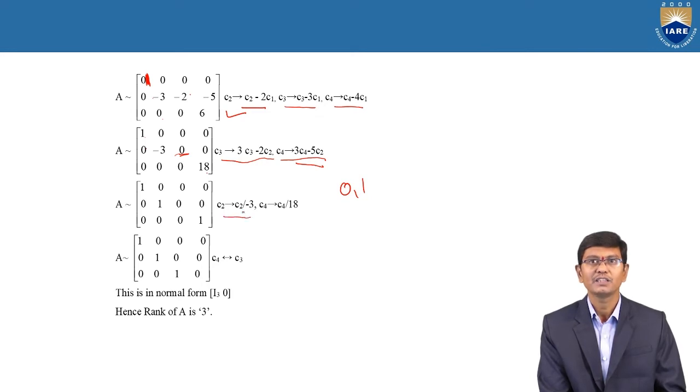By doing this operation, this minus 3 is changed to 1, and again that 18 is also divided, with C4 divided by 18. By doing this operation also, that 18 is changed to 1 only, and the matrix is finally 1, 0, 0, 0, 0, 1, 0, 1, 0, 0, 1, 0. This is after interchanging C4 and C3.